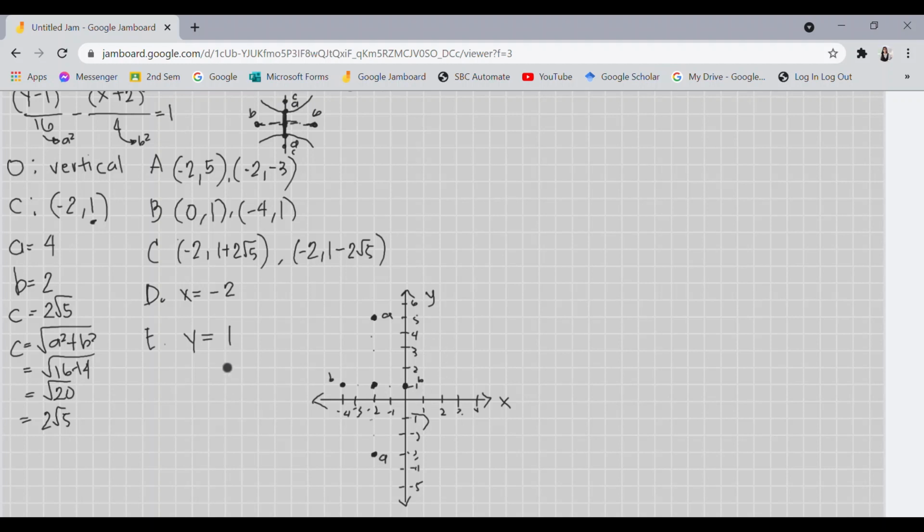And then for your foci, kanina sabi ko, computing natin yung exact value, 2 square root of 5 is approximately 4.47. Okay, so 1 plus 4.47, that gives us 5.47. Dun sa kabila, 1 minus 4.47, that gives us -3.53 if I'm not mistaken.